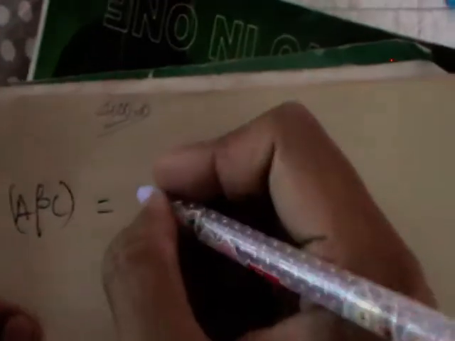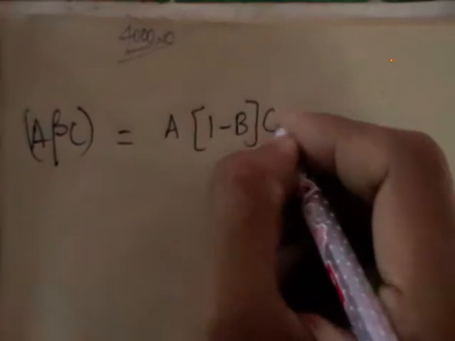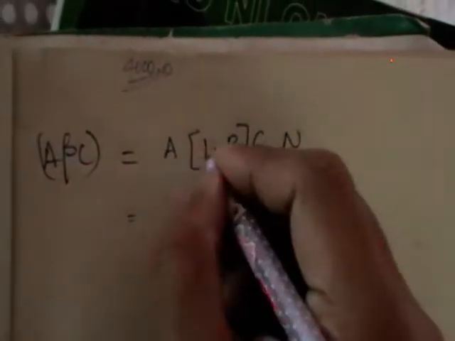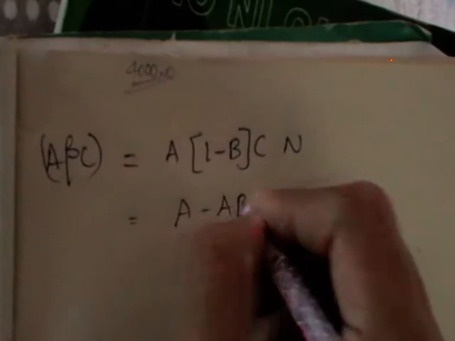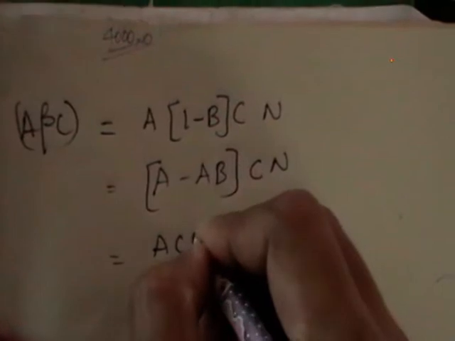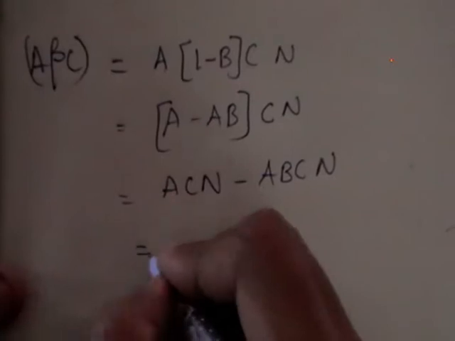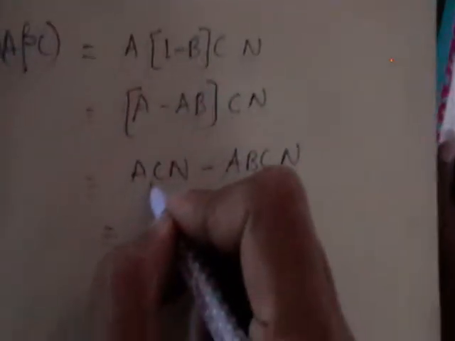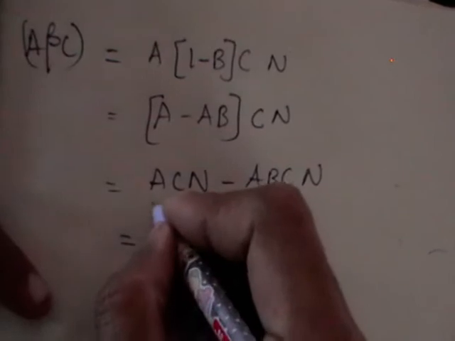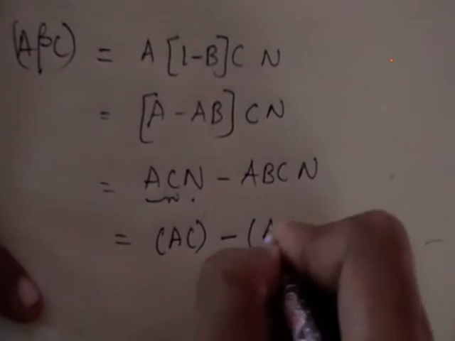Let us multiply all this. So we have considered A beta C. You got that as A into (1 minus B) into C into N. So if you multiply here, (A minus AB) into C into N, which is nothing but ACN minus ABCN. So (A) into N can be written as bracket A, so this is AC into N, which can be written as (AC) minus (ABC).